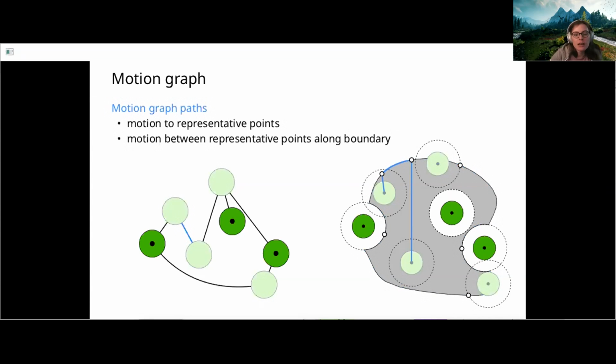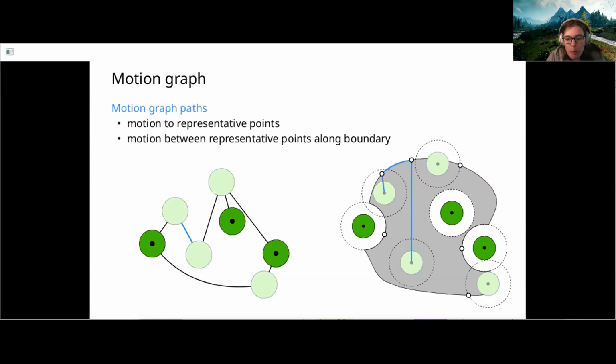When we want to navigate from one location to another, we just follow these paths that we created: from the node to its representative point, then along the boundary, and then to the target location. For example, highlighted in blue on the left-hand side in the motion graph, moving from one node across this edge to another node corresponds to moving along this, let's say, flipped gamma-shaped path on the right-hand side.